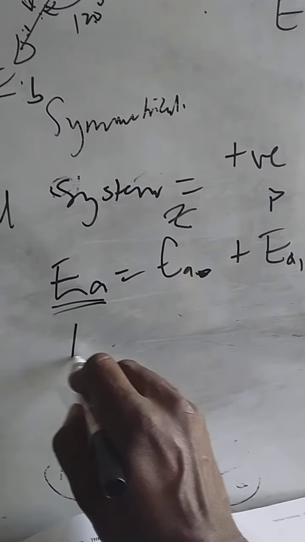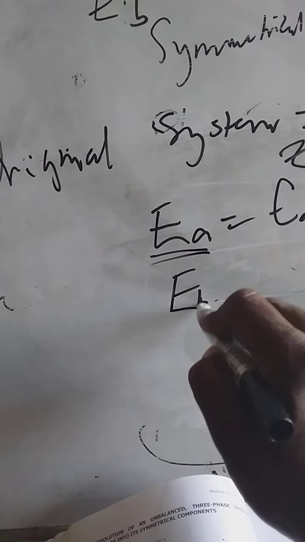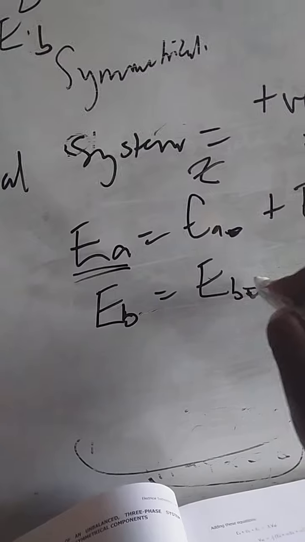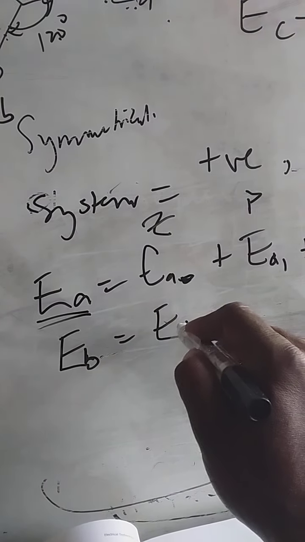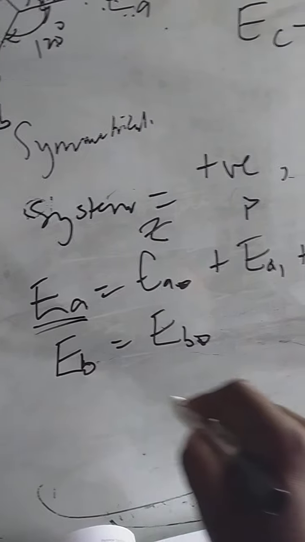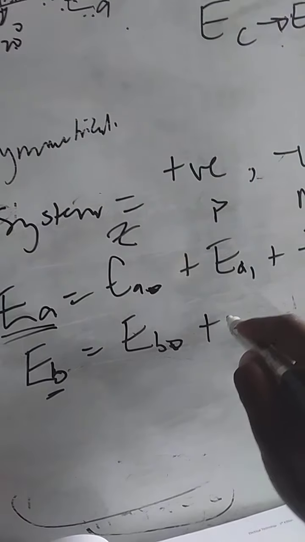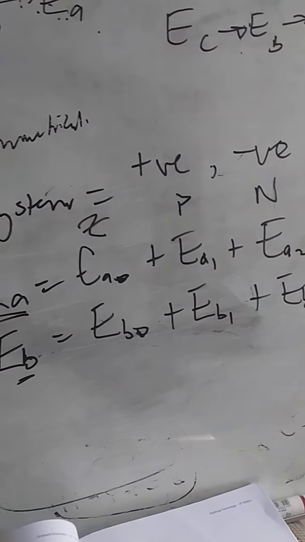Likewise, you can resolve phase B into three symmetrical components: EB0, which is the zero phase component of that particular phasor, EB1, the positive, and EB2, the negative symmetrical component.